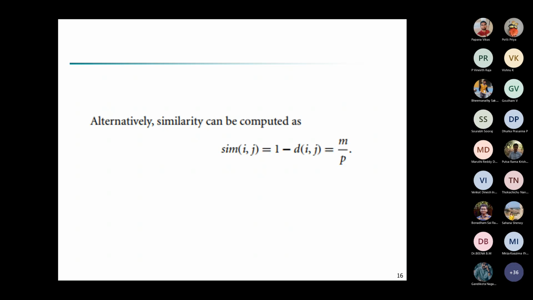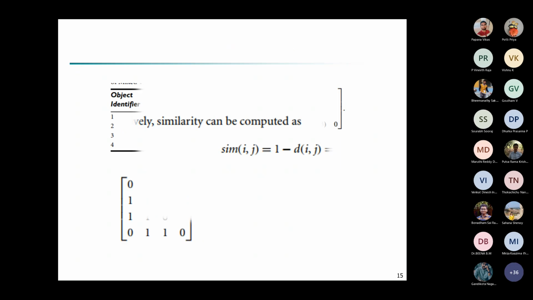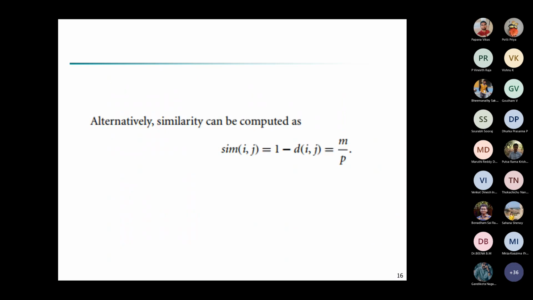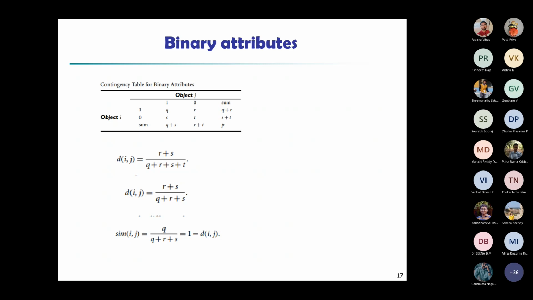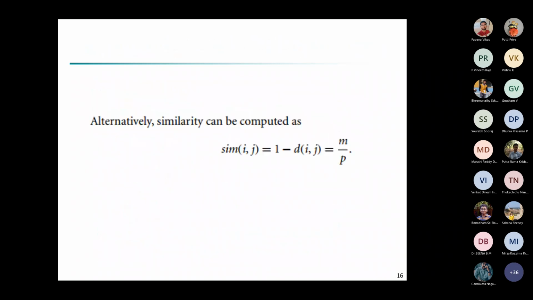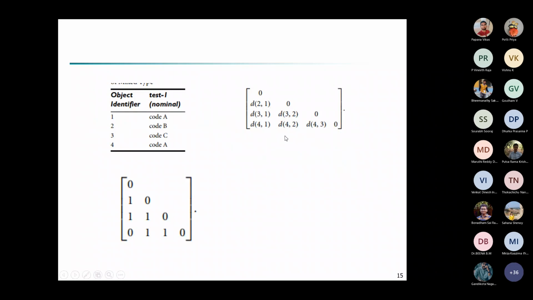So the number of matches by the total number of attributes will be your similarity. So if you were supposed to find similarity in the simple matching method, you will have to do m by p for each of these. Now my question would be: find the similarity between 4 comma 1.